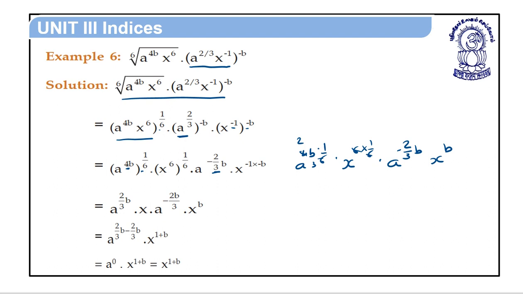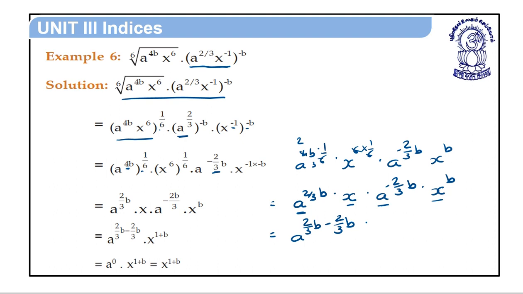So here a raised to 2 by 3b into x into a minus 2 by 3b into x raised to b. So here the base is the same, a is the same, so addition of index 2 by 3b minus 2 by 3b.